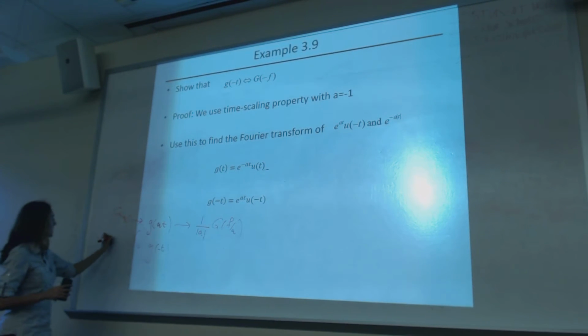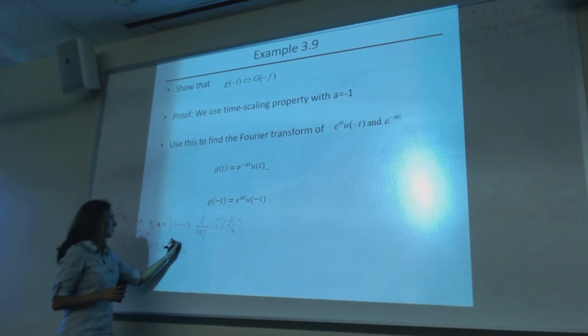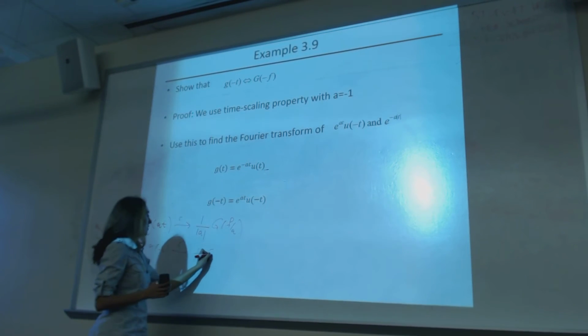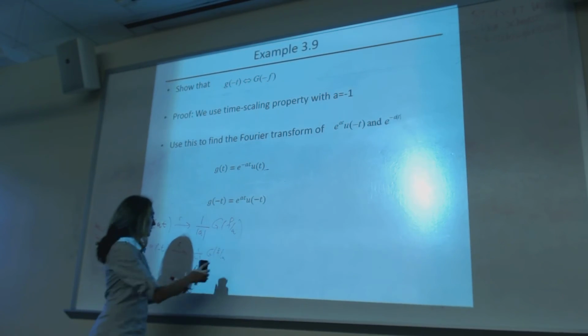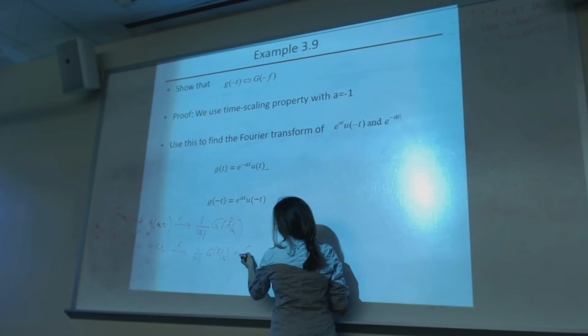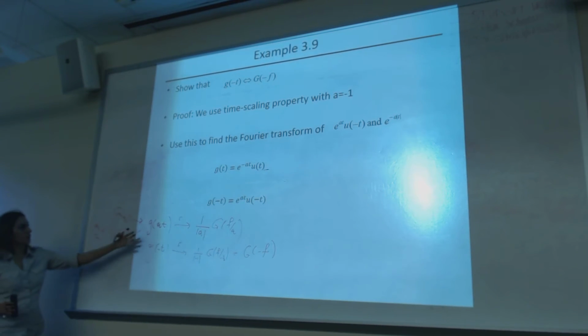So in the special case that a equals negative 1, it's mapped to 1 over the absolute value of negative 1, G of f over negative 1. So it gives me 1, and then G of negative f. See, very simple. Now that you have the general case, you can see that negation in time corresponds to negation in frequency.